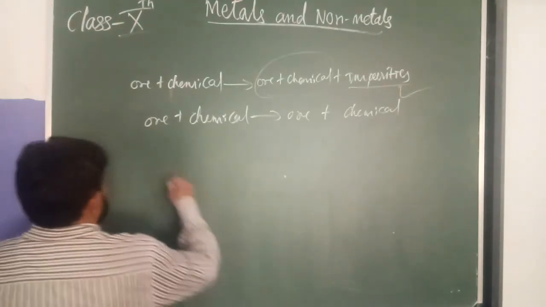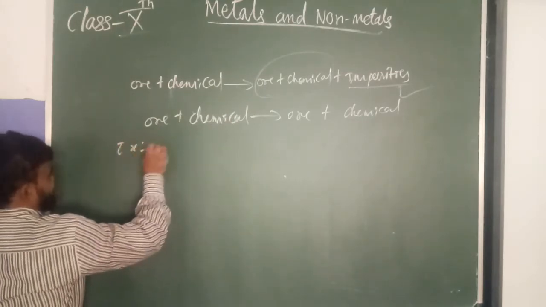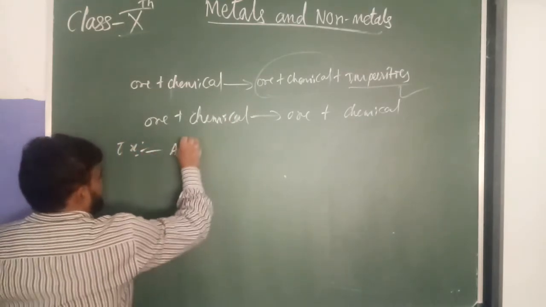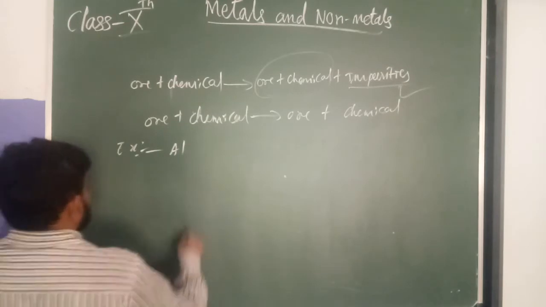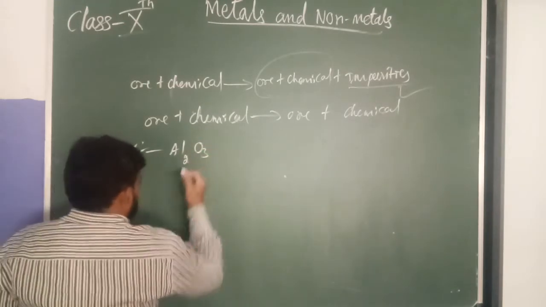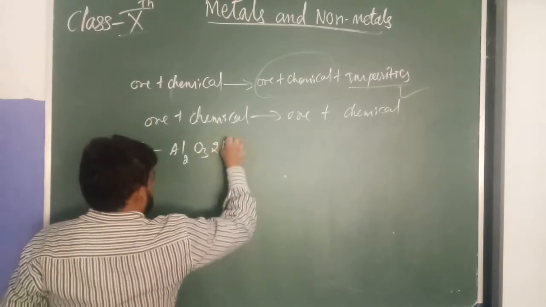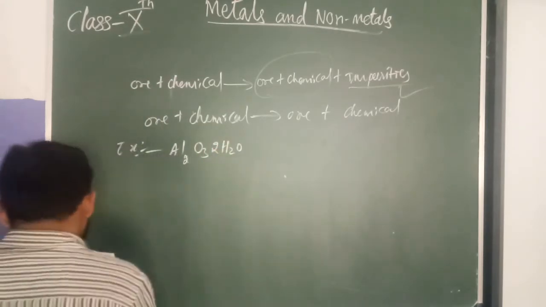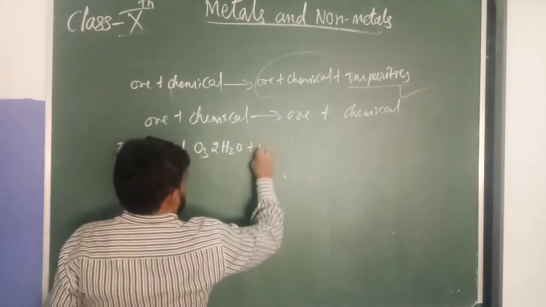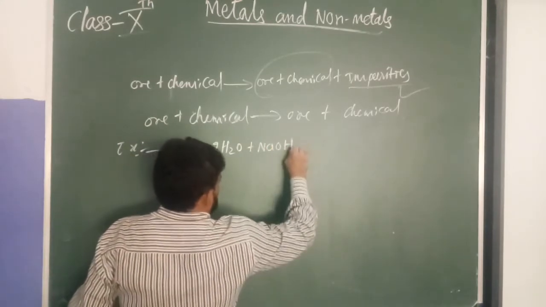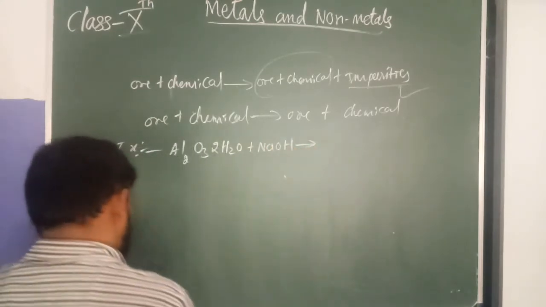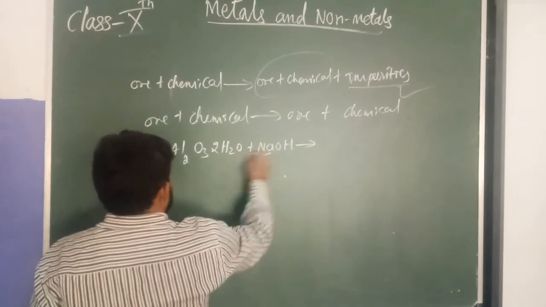If you take an example here, bauxite ore, Al2O3, aluminum oxide, plus 2H2O plus sodium hydroxide. What will it form?